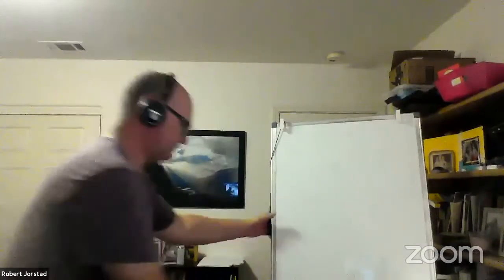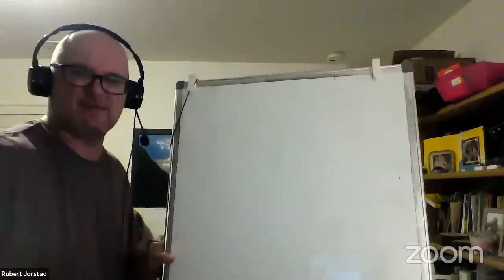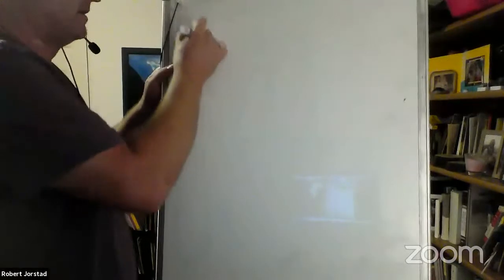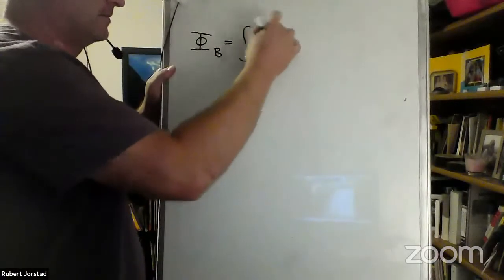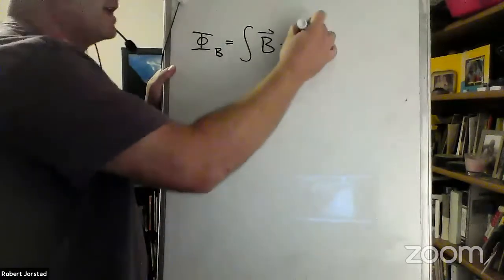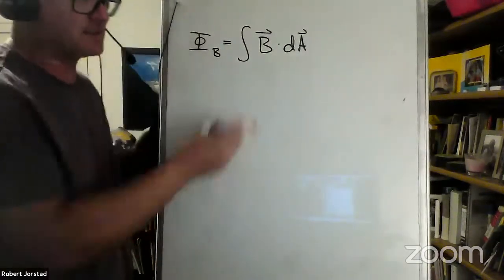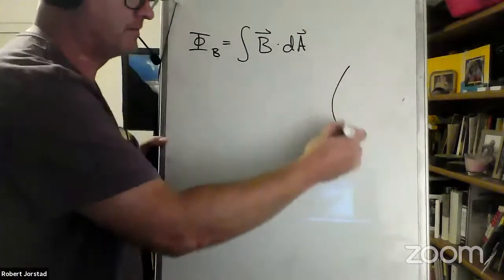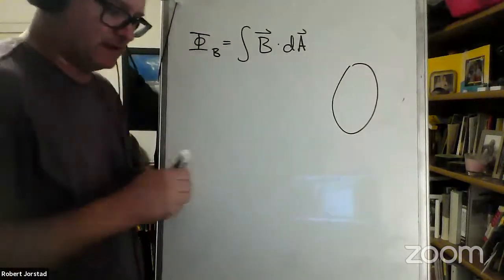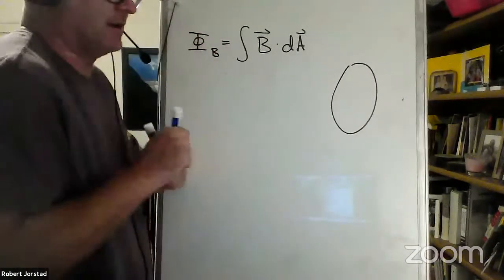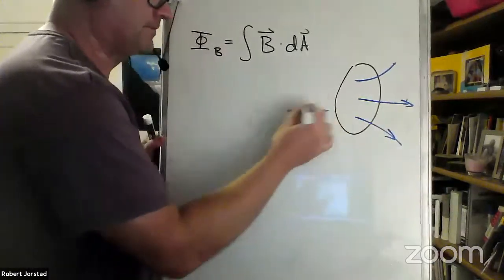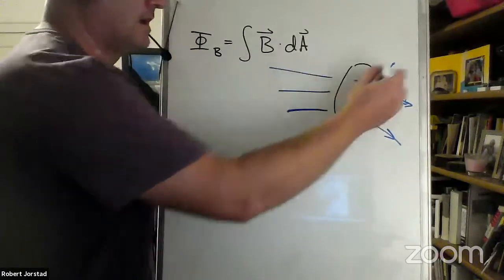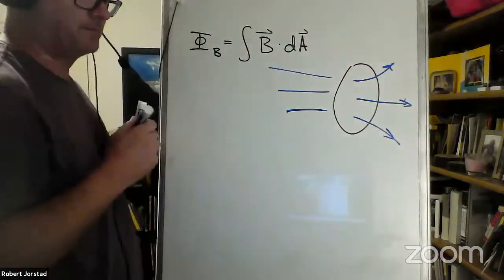Okay. Last time we started talking about EMF, induced EMF. So let me give you a very brief reminder. If you have a loop of wire and there's some area in that loop and there's some B field floating through here, let's say this is the B field.